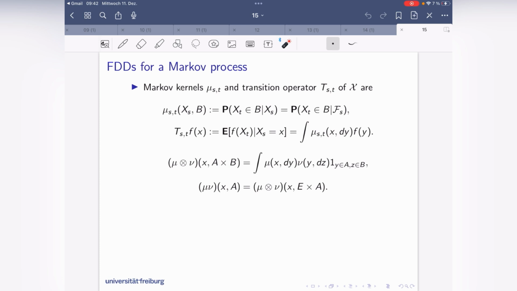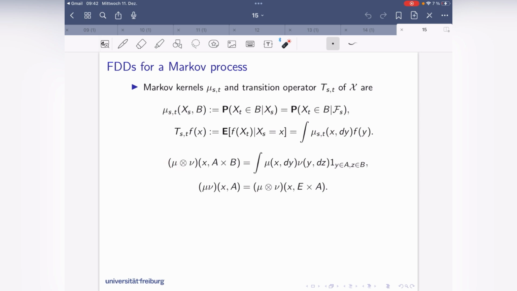We also introduced the notation μ ⊗ ν and μν, which was the following, and which we will need in this video extensively. So μ ⊗ ν was the probability to go from x to some set A using the Markov kernel μ.